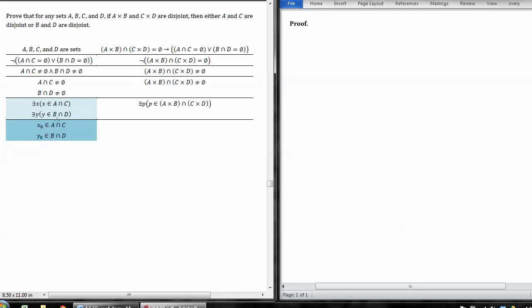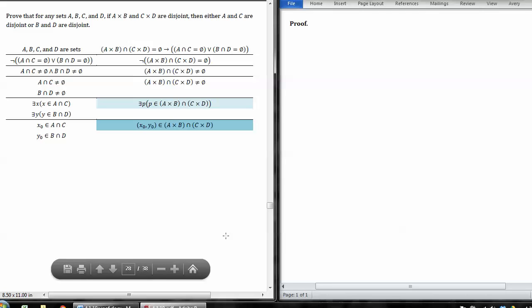We can do some existential instantiation with our givens to get an x naught and a y naught. And then over here, we have some free variables x naught and y naught, so probably the p that we want to prove this for is the ordered pair x naught, y naught. So let's prove the existential in that way.